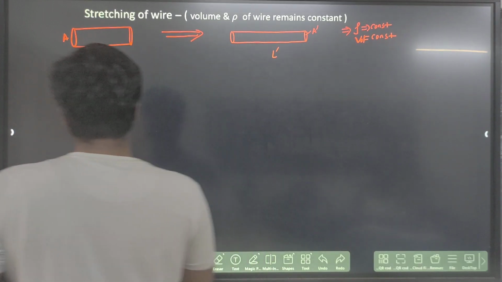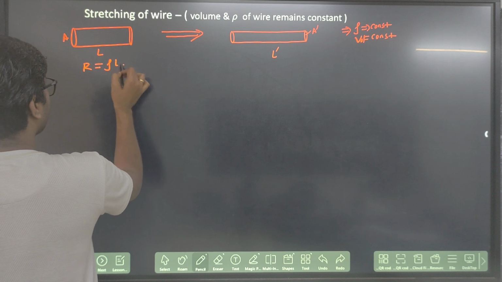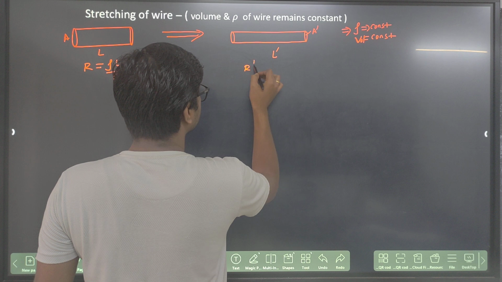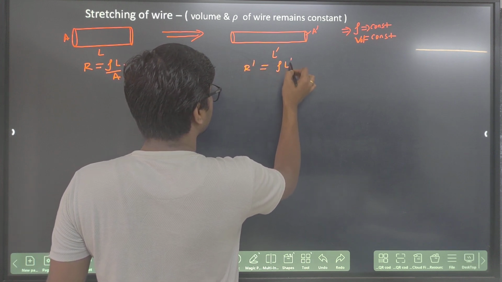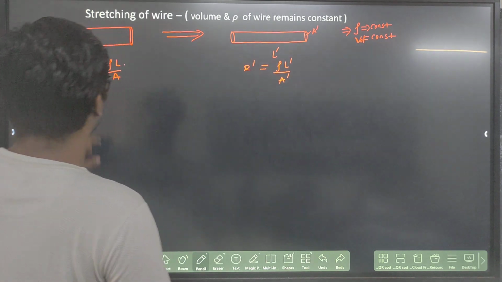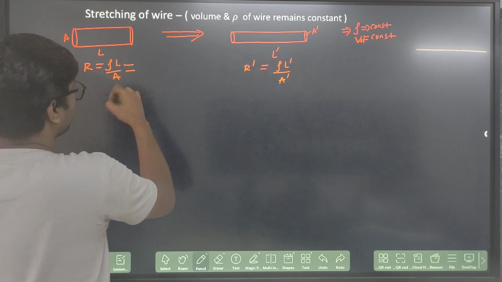So now, what will be the resistance here? Resistance equal to rho L by A. What will be the resistance here? R dash equal to rho L dash divided by A dash. What I will do is multiply L on numerator and denominator.